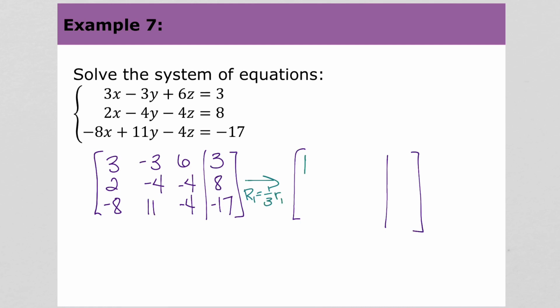So 3 divided by 3 is 1, negative 3 divided by 3 is negative 1, 6 divided by 3 is 2, and 3 divided by 3 is 1. And then the next two rows stay the same.